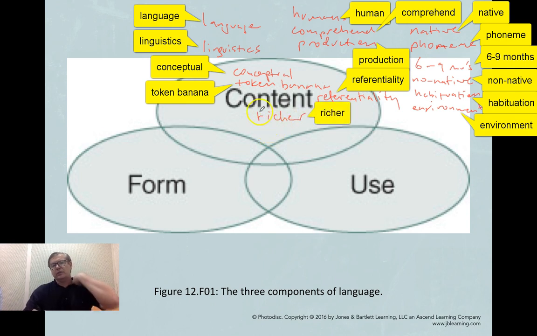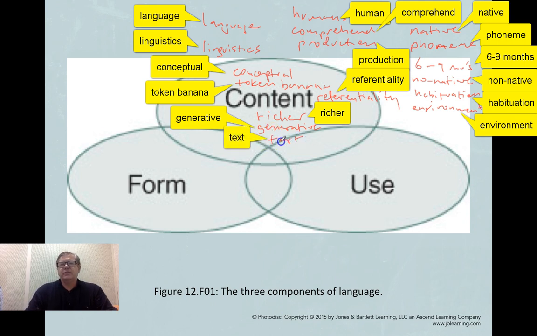And furthermore, the content of a human language is generative, which means that it has the quality of producing new content that is not known in the language previously. So we're always hearing new words invented in every language. For example, the word text. So text used to be a very, very low frequency word. Actually, it only referred to books, and only scholars really ever use the word text.